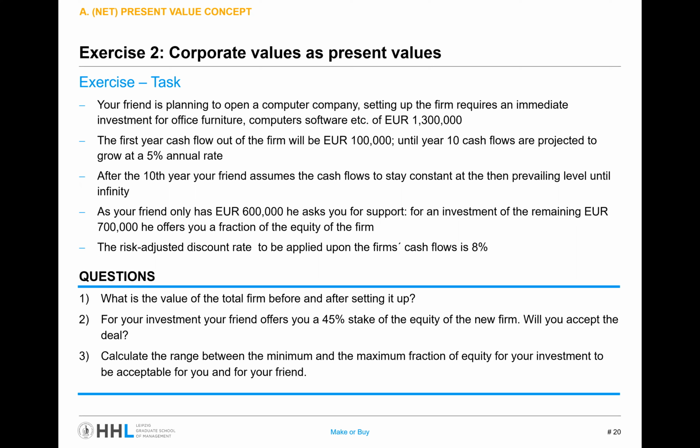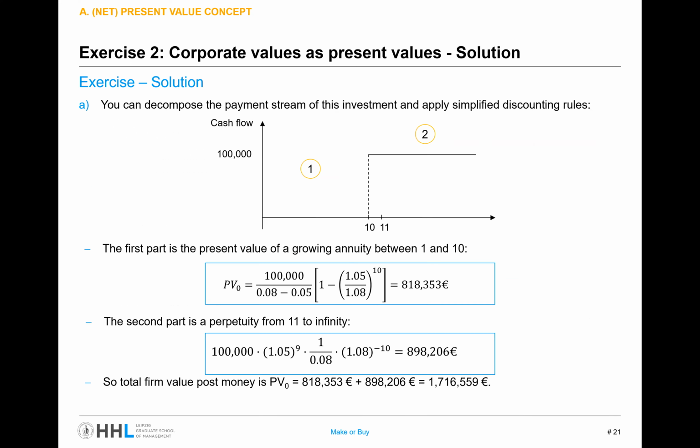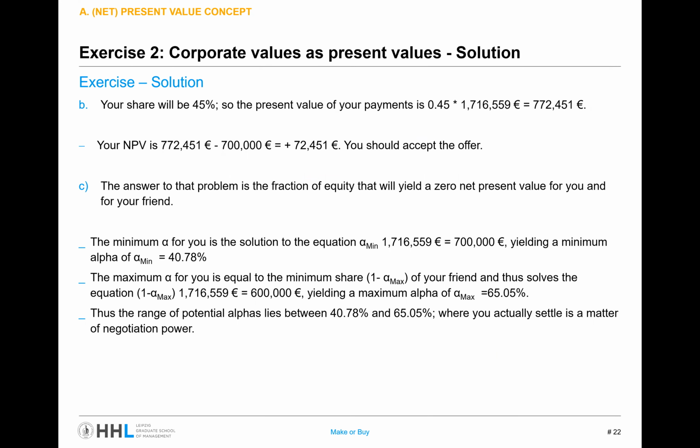It has a certain cash flow profile, and in the second part of the task, you should figure out what is your willingness to pay if your friend, who is the initiator of the company, is basically offering you a certain share. Yeah. So if you want, try that out. Nice little example, I believe, to practice the present value. And also here, you basically have the solution on the next 2 slides.